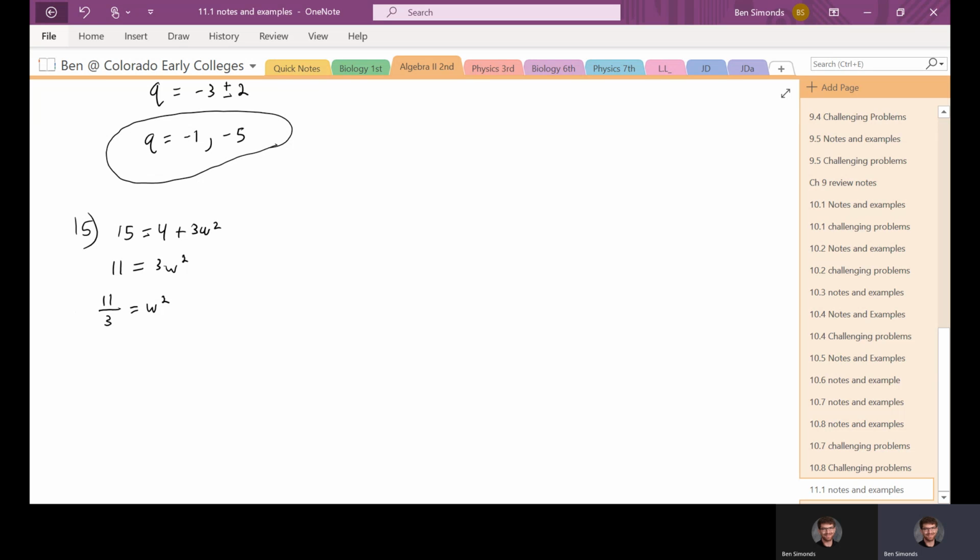I'm so used to saying square root from chapter 10. Now we can take the square root to undo the square. So that's what this is showing here, is you got to get your square all by itself, then you can take the square root to undo it. So square root of 11 over 3 equals w, and remember that this can be positive or negative.